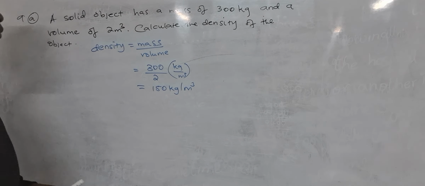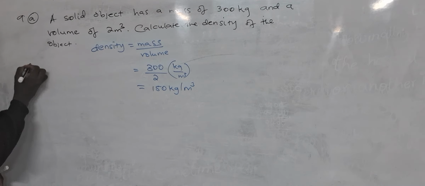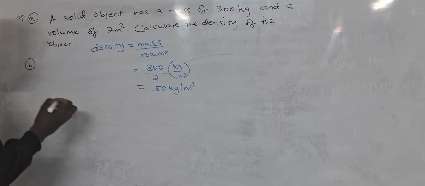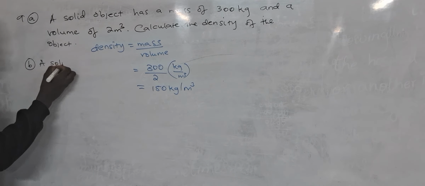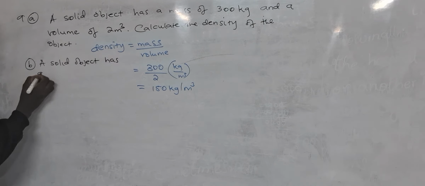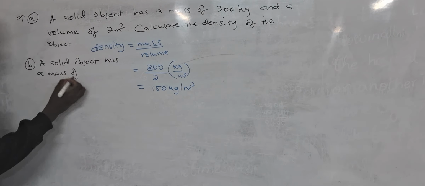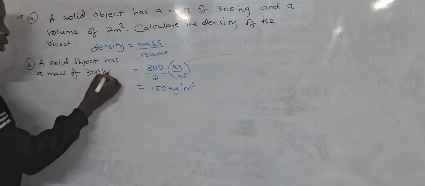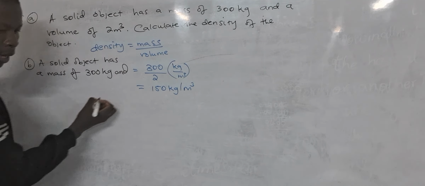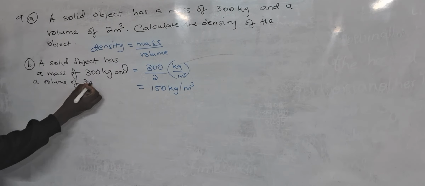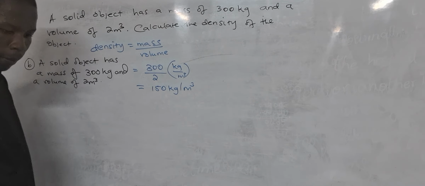Let's move on to question B. A solid object has a mass of 300 kilogram and a volume of 2 cubic meter.